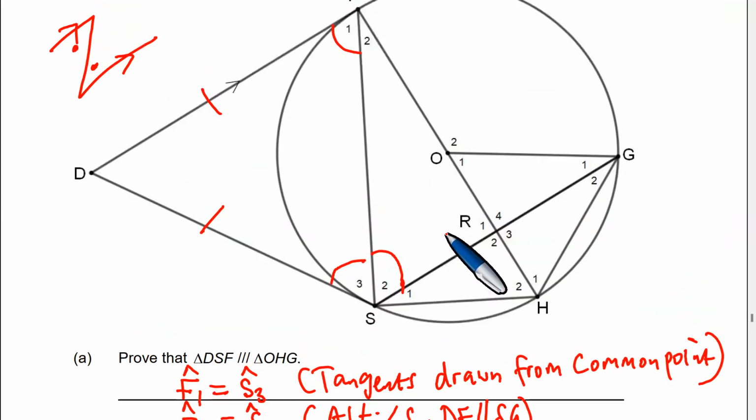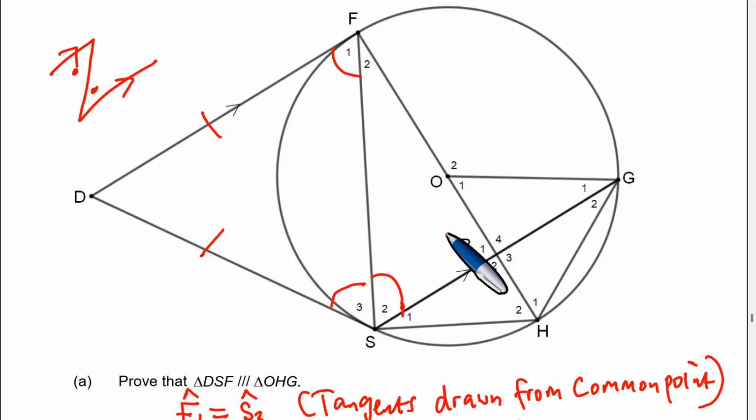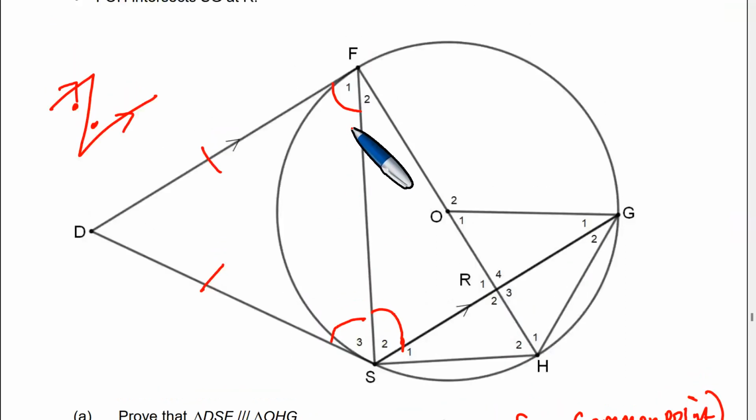Why? If you look at angle S2 and you look at angle H1, they are subtended by this arc here. This arc subtends the angle S2, and this same arc subtends this angle H1.